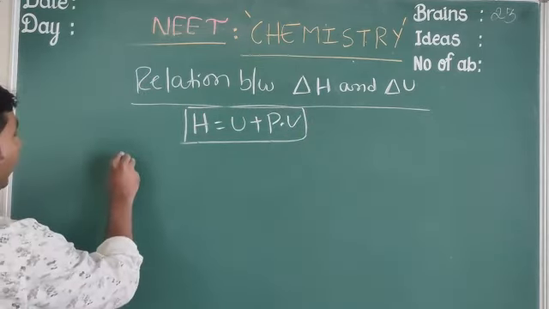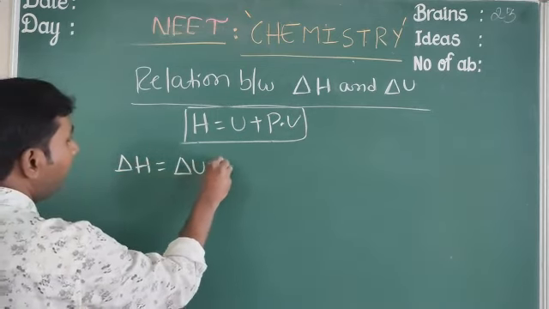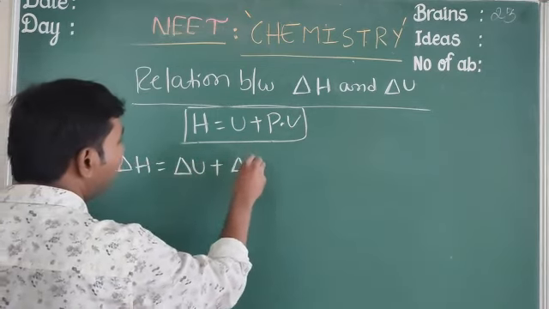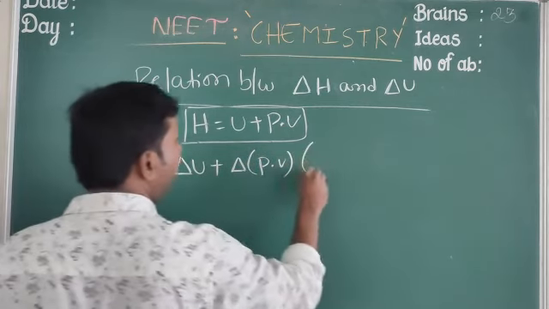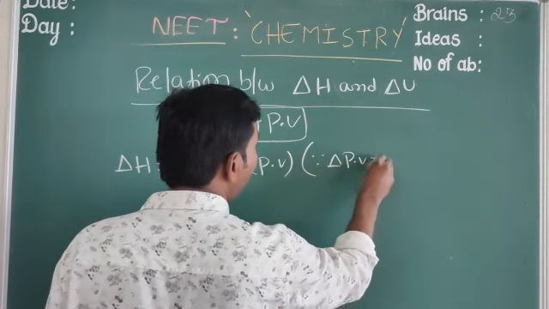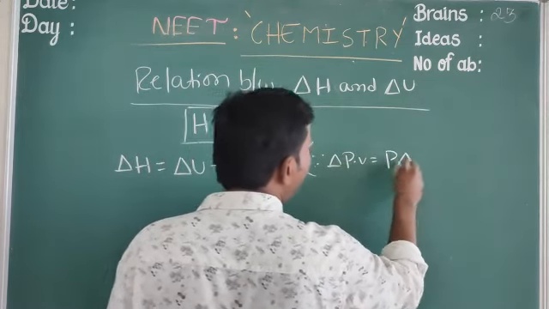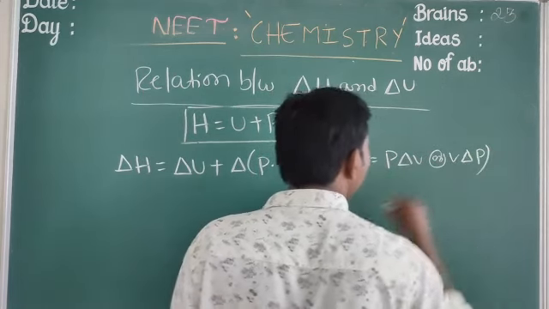Now, change in enthalpy equals change in internal energy plus change in (pressure times volume). Here, change in (PV) equals P ΔV or V ΔP.